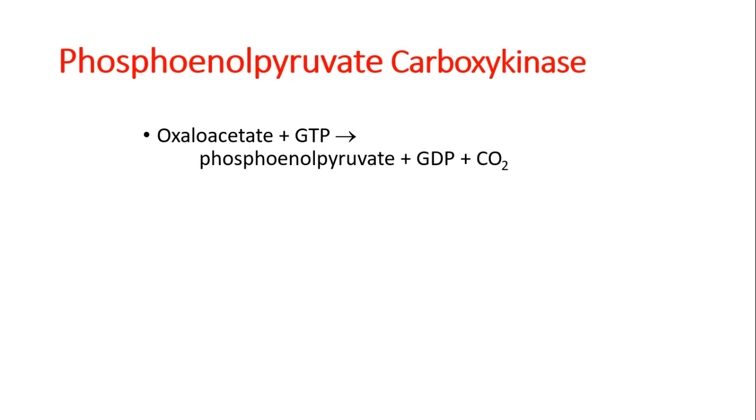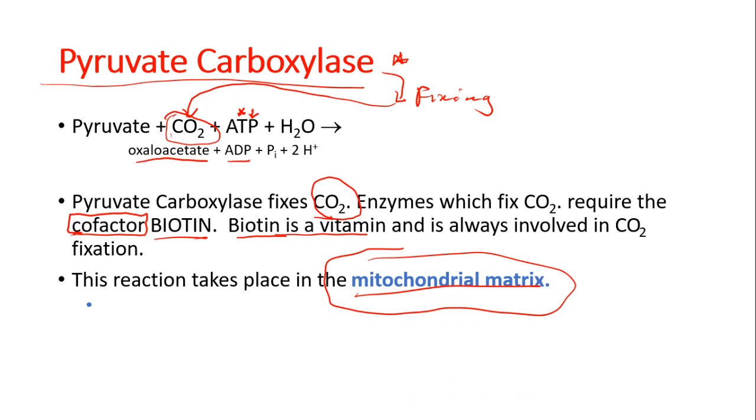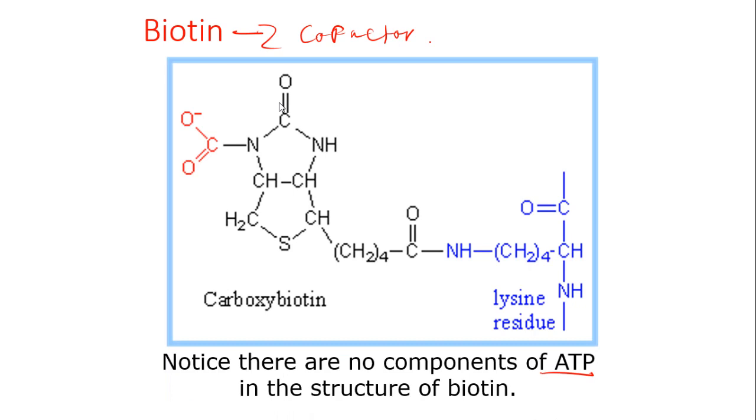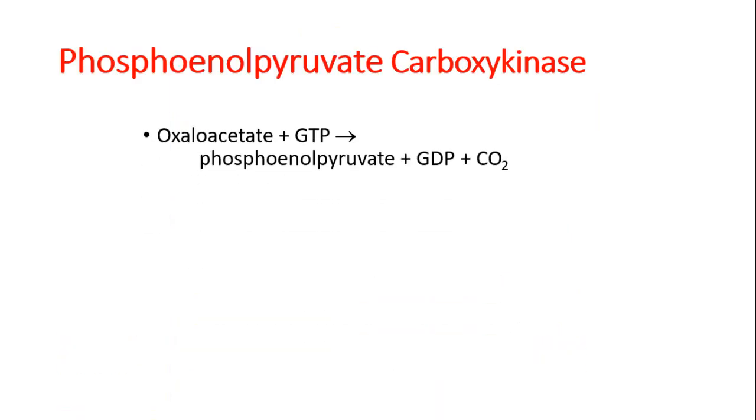Phosphoenolpyruvate carboxylase. So this enzyme is just playing a role in the reaction between oxoacetate and the GTP. You need to understand that in the previous reaction, one product was the oxoacetate. So this guy here will react with that guy, and this reaction will be helped by the enzyme phosphoenolpyruvate carboxylase.